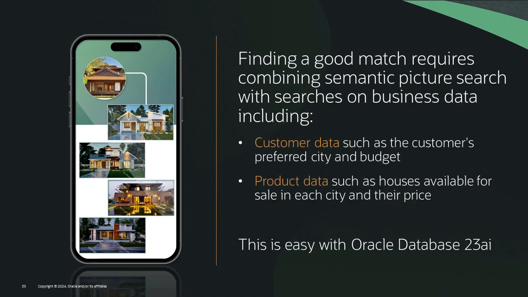We need to find a good match based on the semantics of the picture I just described, as well as data about myself. What city do I want to look in? What budget do I have? Are houses available? All of this becomes very easy with the Oracle Database 23ai.